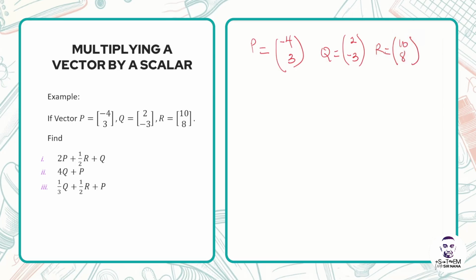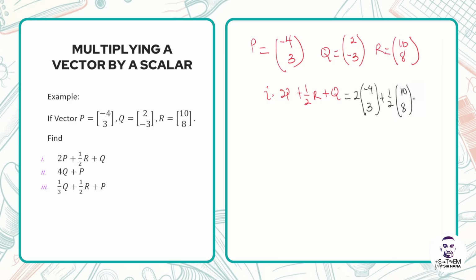In question I, we are asked to find 2p plus half r plus q. So let's perform that operation. Basically, 2 multiplied by p, so we have 2 multiplied by the vector (-4, 3), right? Then we have the addition, so we have half multiplied by the vector (10, 8), because (10, 8) represents r.